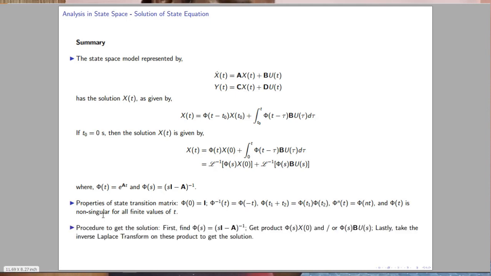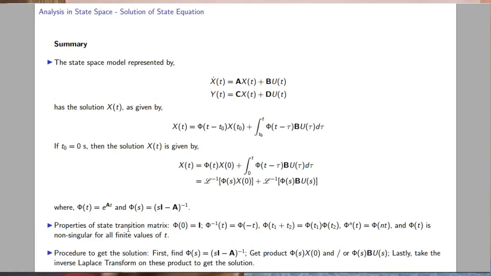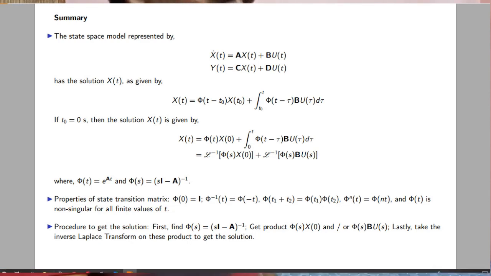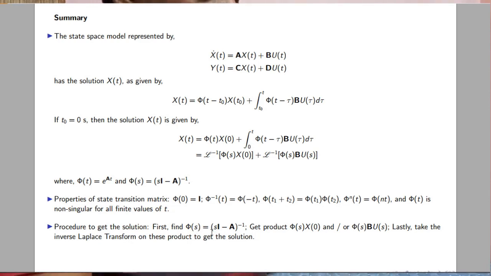Then we took a problem and we understood how we can get the solution from the state equation. We took the case of an armature controlled separately excited DC motor, and we got the solution. The procedure is like this. First find out this phi of s, that is nothing but inverse of sI minus A. Then you get the product of this phi of s into x of 0 and phi of s into b into u of s.